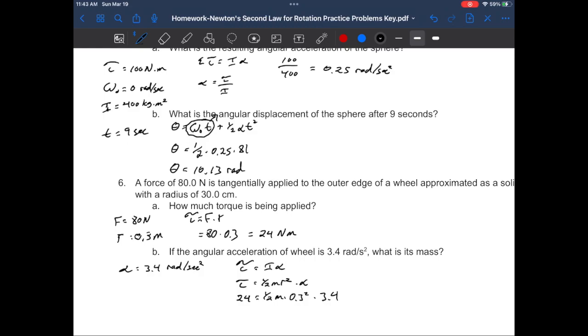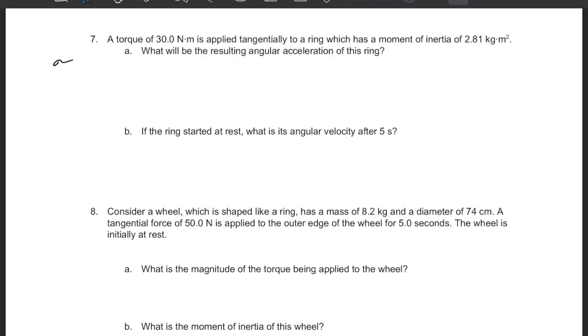Just watch your algebra. 24, you're going to multiply the 2 over, divide by the 0.3 squared over, divide by the 3.4, and you get the 156.9 kilograms for the mass. Hey, we're halfway there.